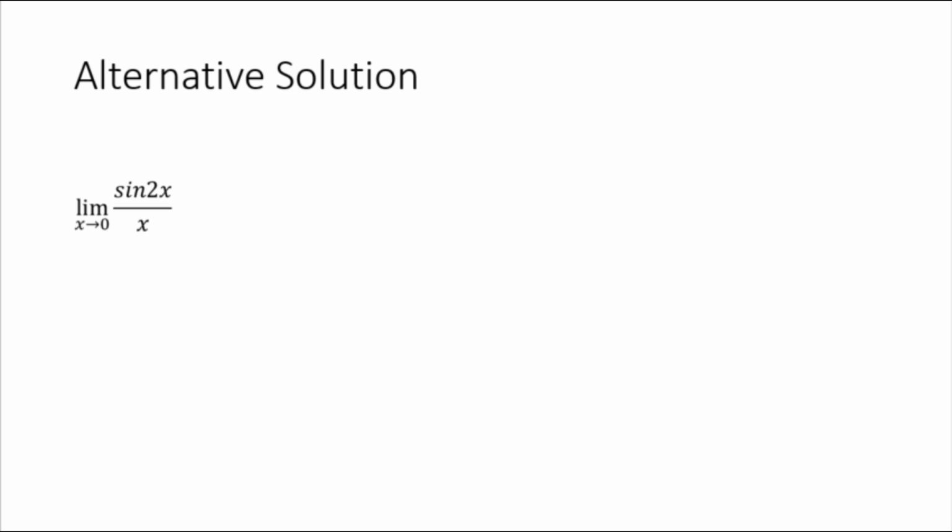This alternative solution is a clever one as it features a way of changing variable under limit operation. This is the first time that we will do this. So first we have to rewrite the rational expression so that the denominator will match the angle of the sine function, because as you can see they are different.